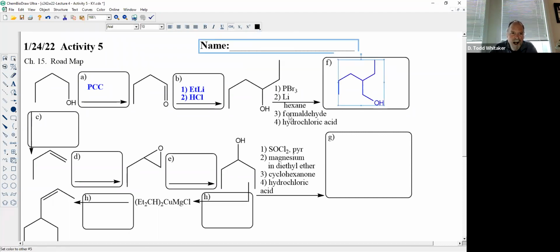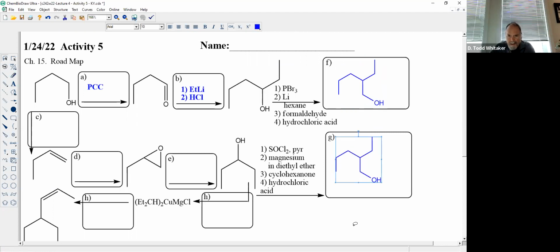Moving on. Step 1 in this, we'll do the steps for you again. They'll look good on the video. SOCl2 and pyridine. Step 1 puts a Cl here.